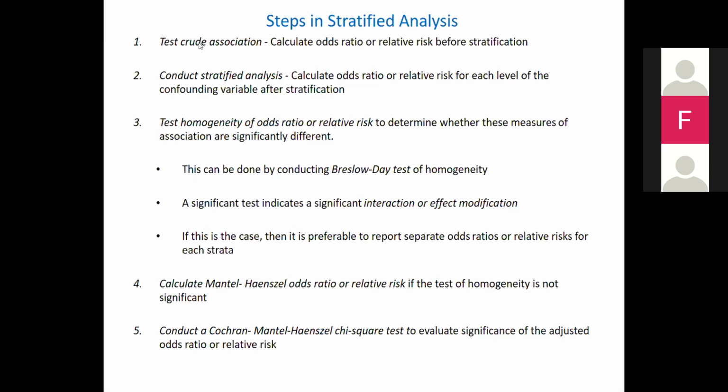The third step is to test homogeneity. We have already said that if the odds ratios you get for the different strata are the same, that shows it's more likely to be confounding rather than effect modification. If they are different, that would be effect modification. But it doesn't have to be exactly the same; if one is 2.3, the other doesn't have to be 2.3.